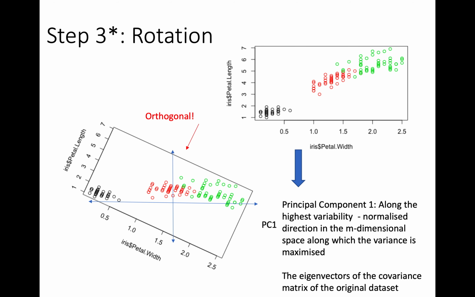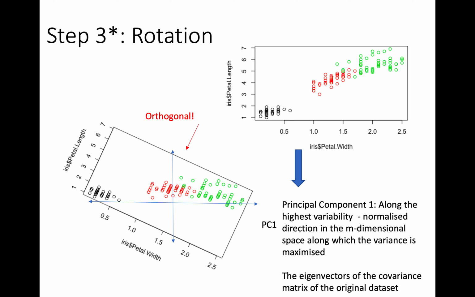The next step is, so I've placed the center of my axes here in the mean. Now what I want to do is, this is now going to be PC1, and I'm going to rotate. Again, I'm rotating only in 2D here, but in reality, these eigenvectors go through all 4 dimensions, right?